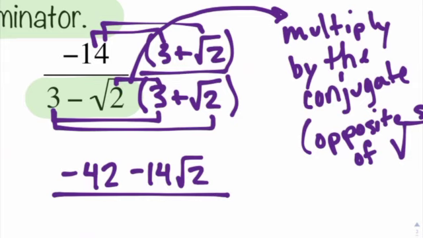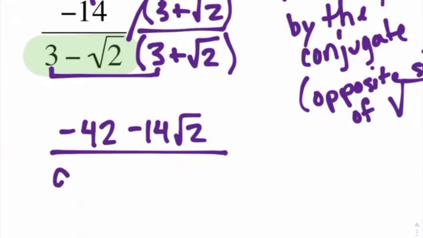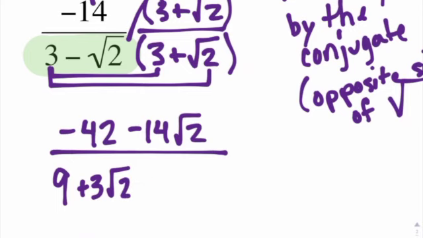Okay? So let's try that. First, 3 times 3 is 9. 3 times radical 2. Negative radical 2 times 3 is negative 3 radical 2.